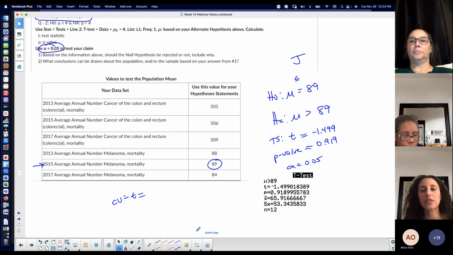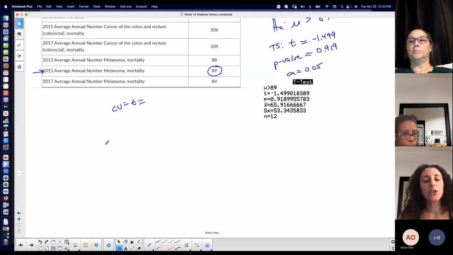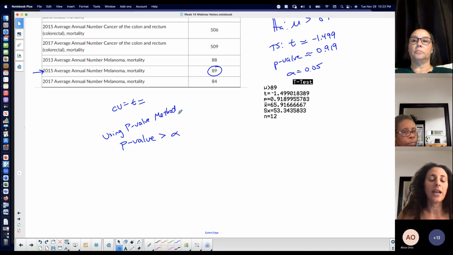You're not asked for it, so it's not required, but it would add to showing understanding. But you could use the p-value method and say, my p-value is way bigger than my alpha. Using the p-value method, I can see my p-value is greater than alpha, and thus we reject the null hypothesis. Write it out.